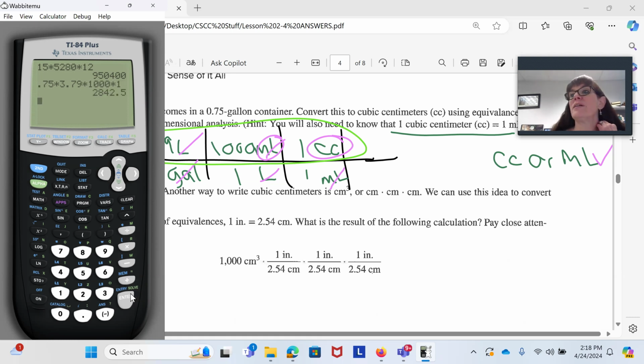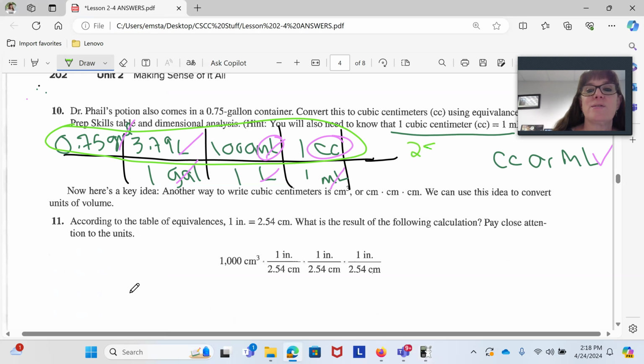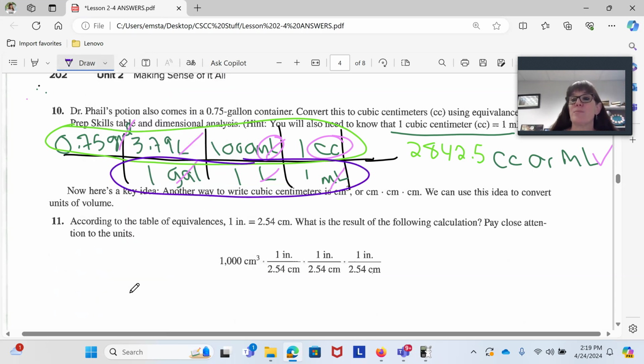And I get 2,842.5. And kind of like that other problem, we should verify that we've looked at the bottom at least. In this case, the bottom is all ones, so my conversion is done. So 0.75 gallons is 2,842.5 cc's.